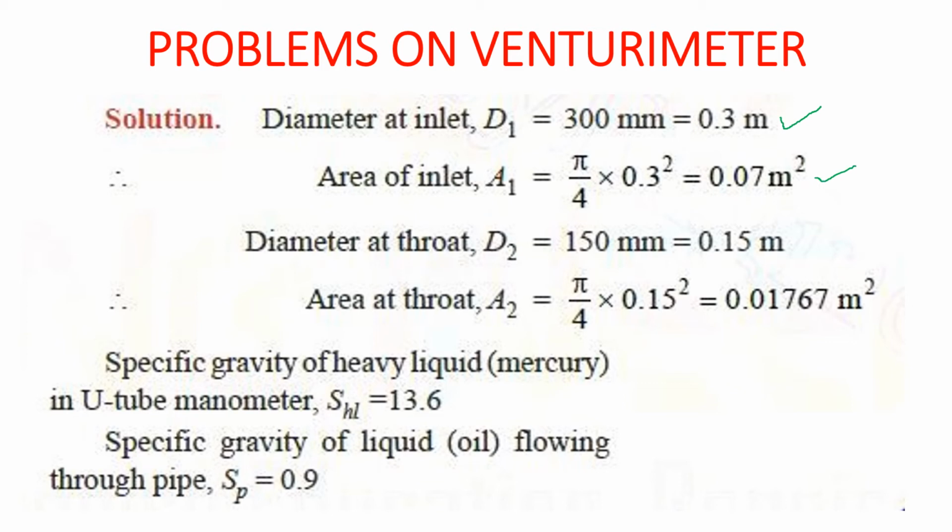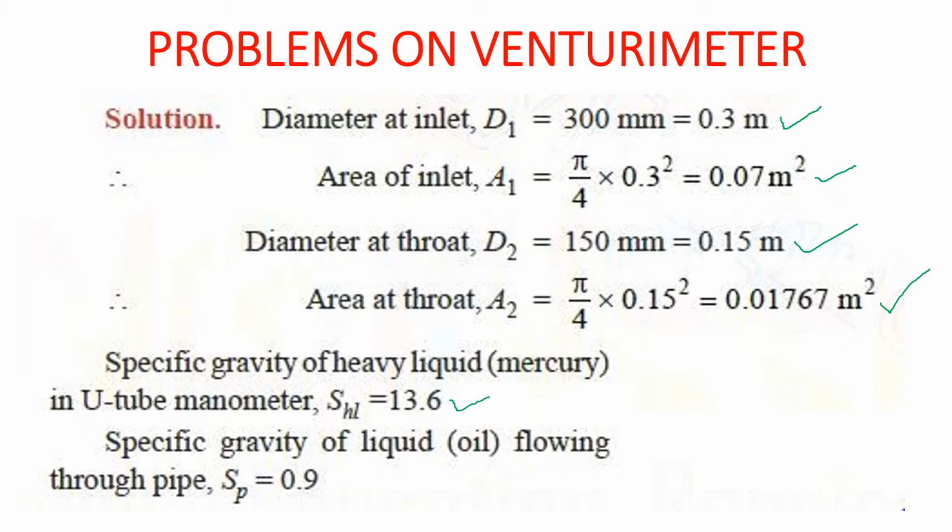So we get this value as 0.07 meter square. Diameter of throat D2 is 150 mm, so 0.15 meters. So area becomes pi by 4 into 0.15 square. So we get this value as 0.01767 meter square.